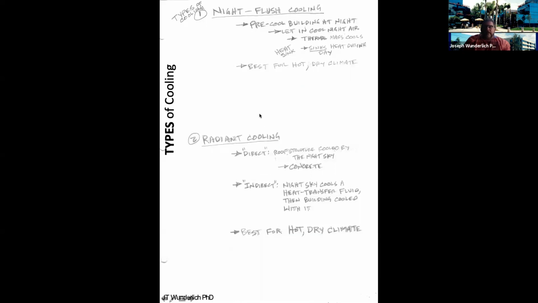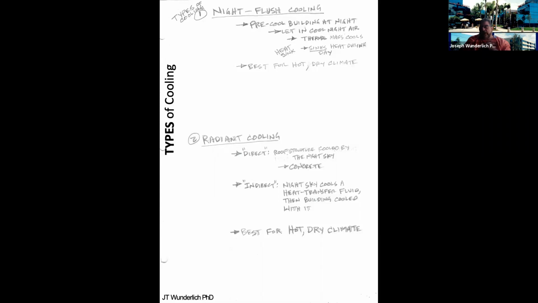So types of cooling: night flush cooling. You pre-cool the building at night and let the cool air in, and the thermal mass cools, and then it acts as a heat sink during the day. So what you're doing is using this drastic change in temperatures, typically in the desert, with the dry air and the big range of temperatures.